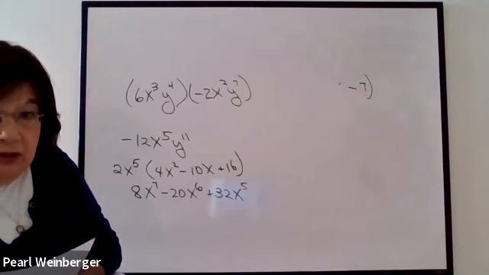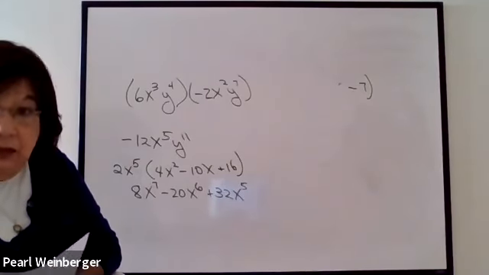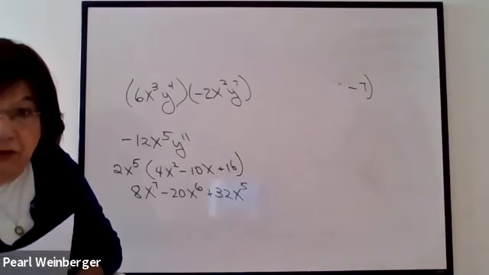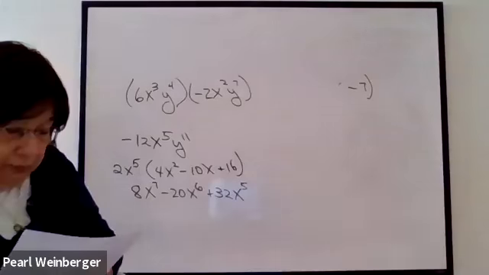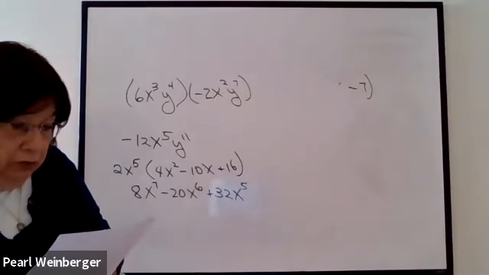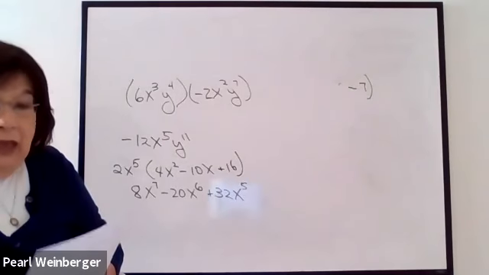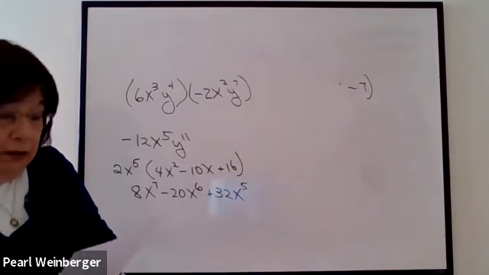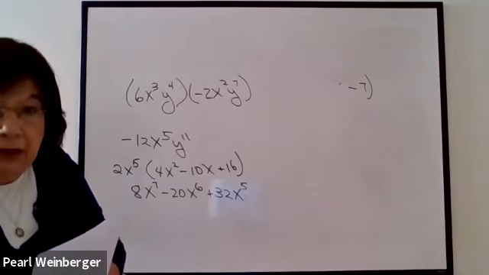I'm going through this pretty quickly because I think that most of you know this from previous examples. So let's just talk about what happens when we have a binomial multiplied by a binomial.